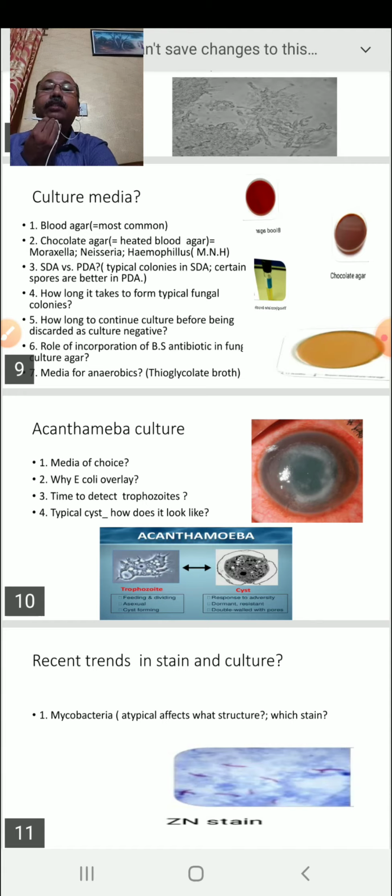They are Moraxella, Neisseria and Haemophilus. As far as fungal culture is concerned, you have SDA, that is Sabouraud's dextrose agar, or PDA, or Potato dextrose agar. Now the typical colonies usually come up in the SDA or Sabouraud's dextrose agar, though certain spores grow better in PDA.